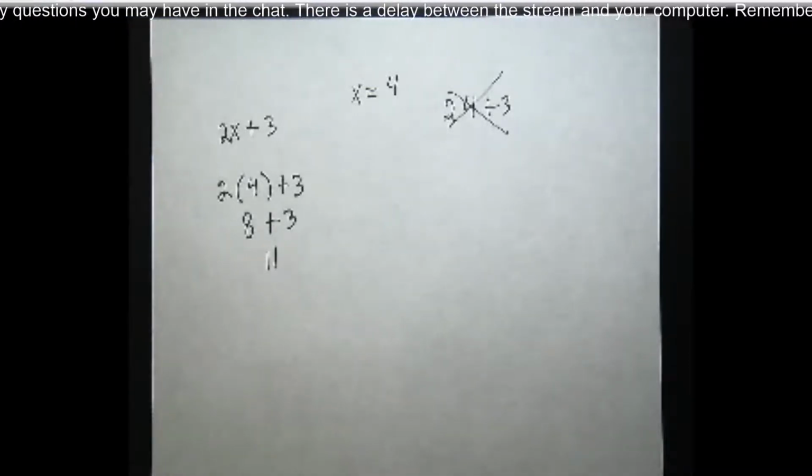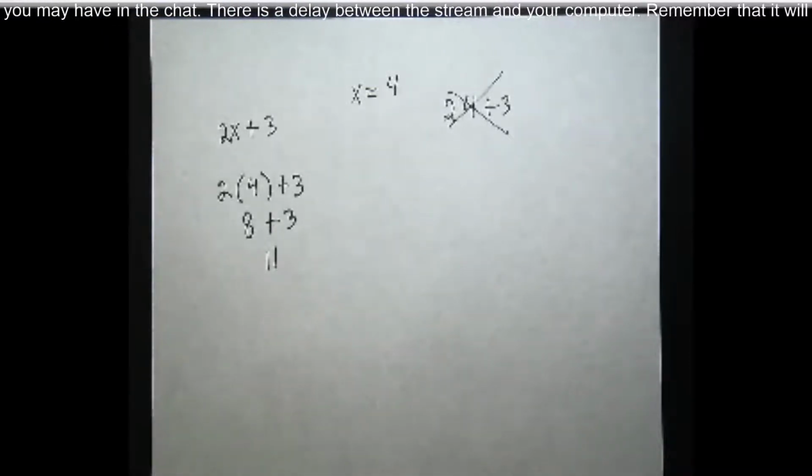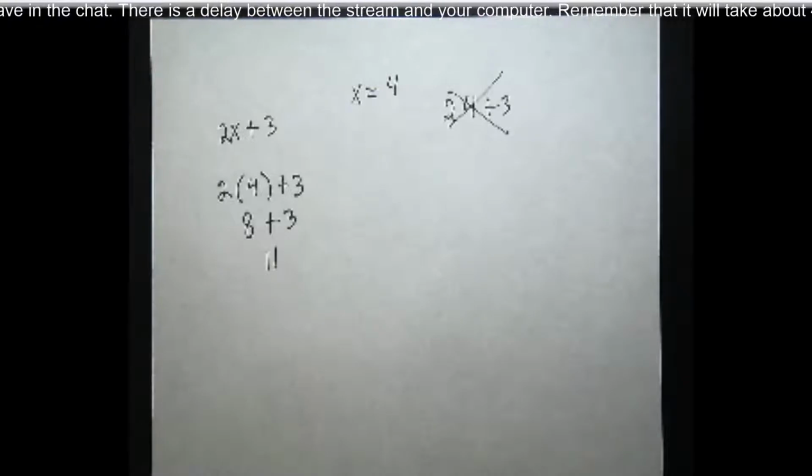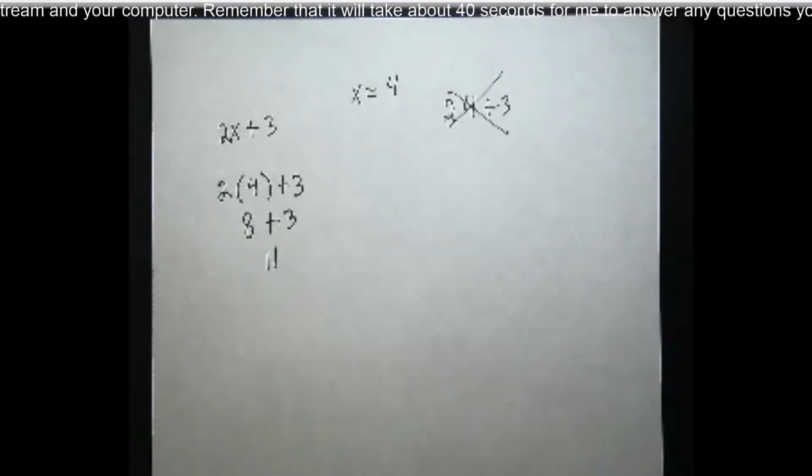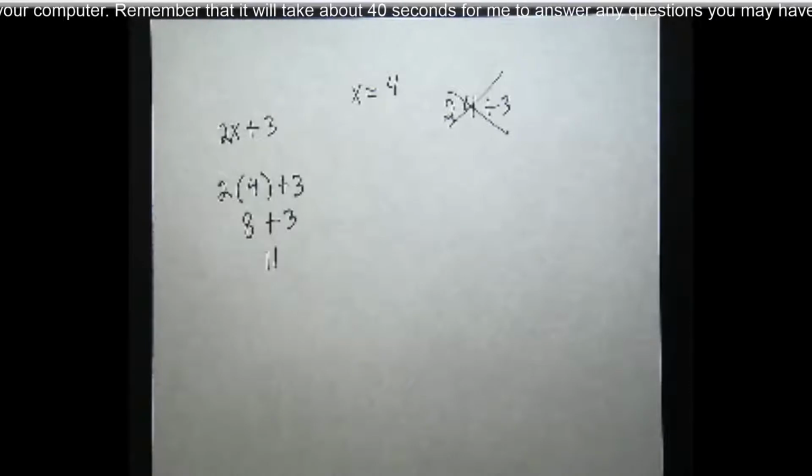And so what we can say about this is if we use 4 for x, we get 11. Again, this becomes very useful to us when we start talking about things like functions, which we'll get to later on in the semester.